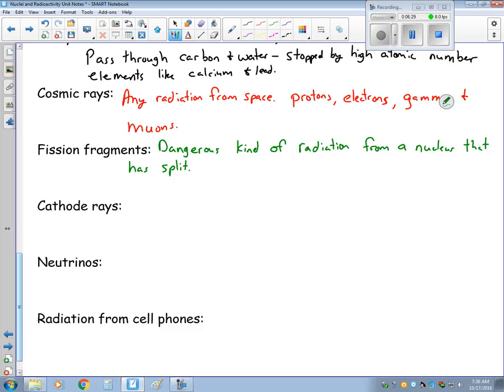So these are the broken fragments from the parent nucleus. They tend to be radioactive themselves. So think of a nuclear bomb exploding. What happens is that the nucleus of each atom breaks apart. The fragments then are those pieces, and they can be very radioactive. We often call those particles fallout.